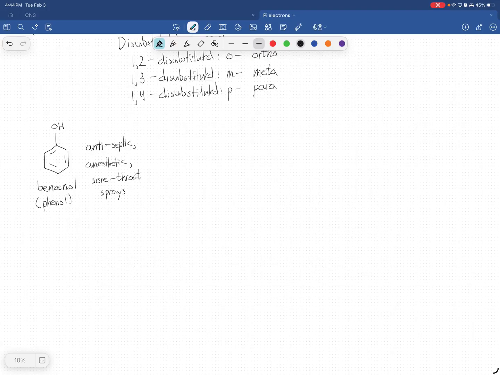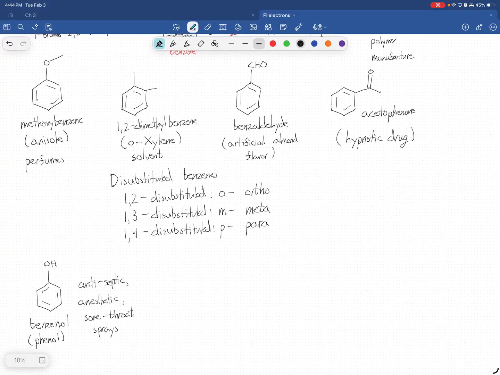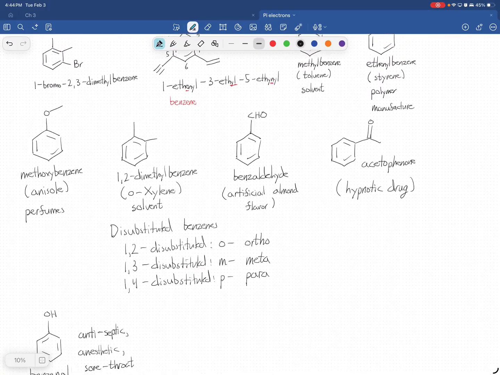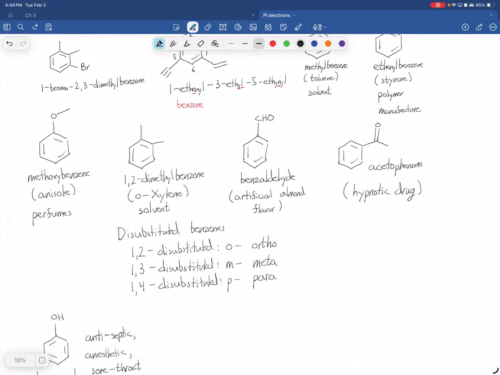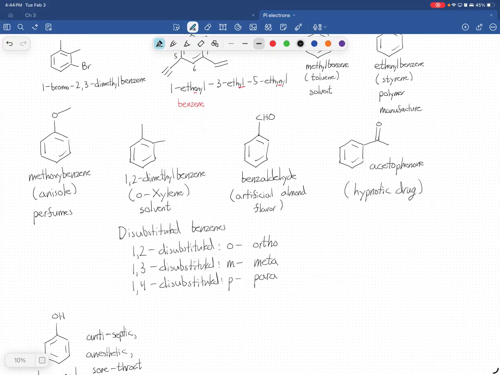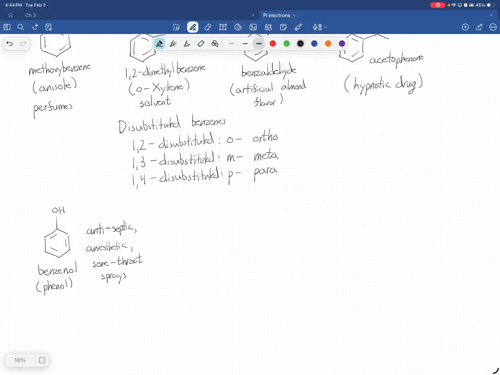I've never seen it in the products I would use, but that's apparently what it is in. So we have different kinds here: a ketone group, acetophenone, aldehyde, and then did I do benzoic acid? Oh, not yet. So let's talk about two more.